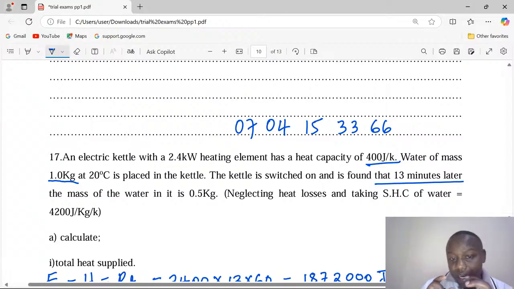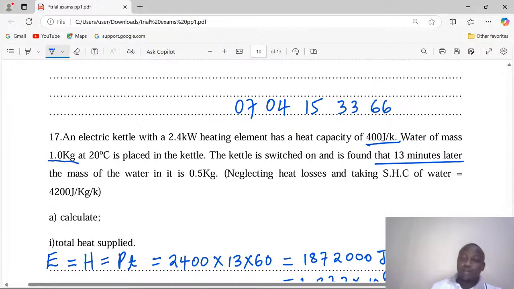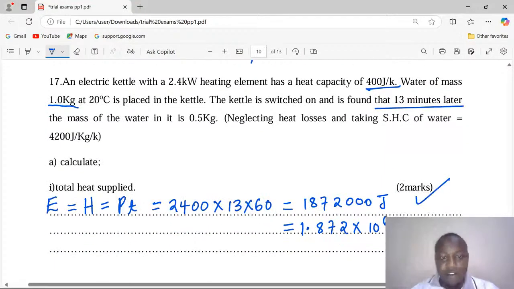So the kettle containing water, together with the water, are going to change to 100, from 20 to 100.